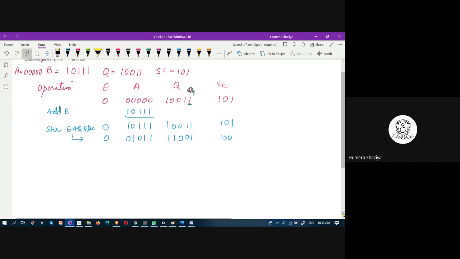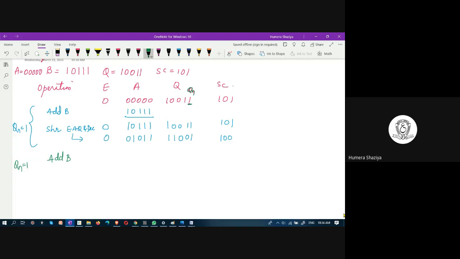Subsequently, Qn is checked again. This is for the first Qn. First Qn is equal to 1. Now the second Qn is also 1. So add B. This is the second Qn, also 1.